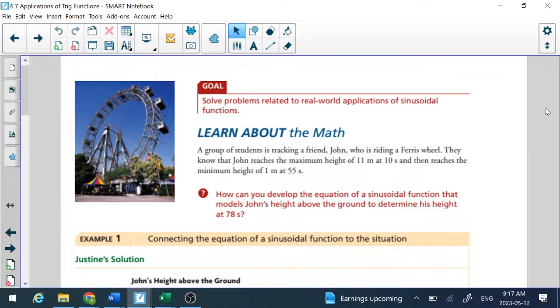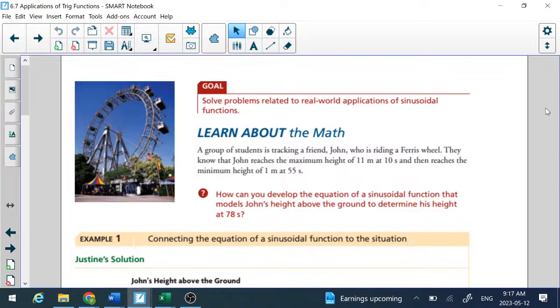A. So if I were to draw this one right here, they know that John reaches the maximum height of 11 meters at 10 seconds. So if I make this 10 seconds, 20 seconds, and then 11 meters is the max, I've got a point right there, okay?